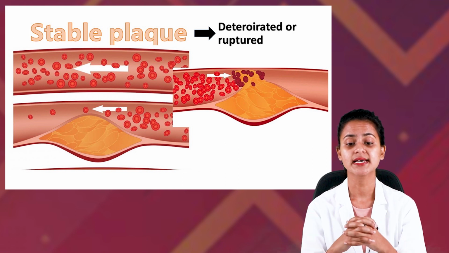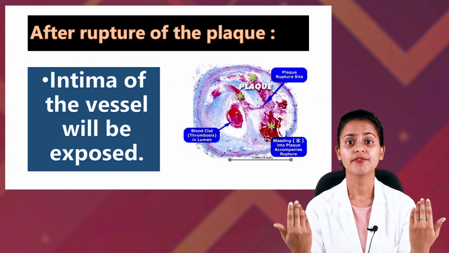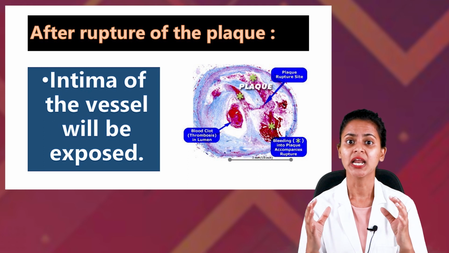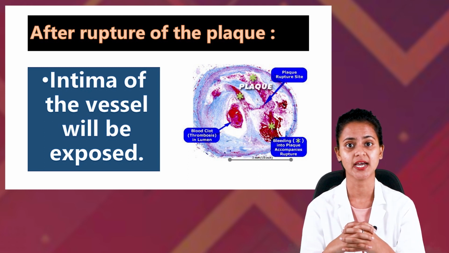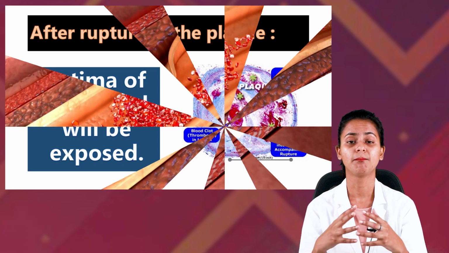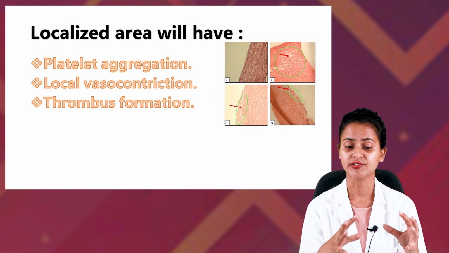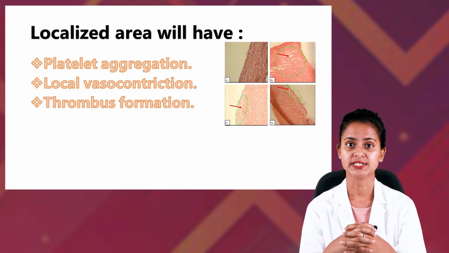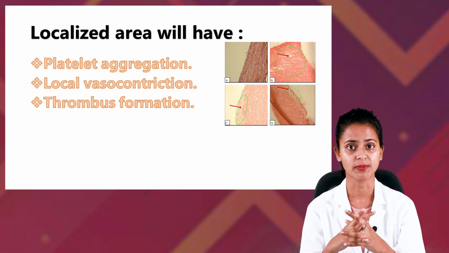Once this stable plaque ruptures, it will expose the intima of the lumen in that localized area to the blood, and there will be stimulation of platelet aggregation. Also, there will be local vasoconstriction, and again thrombus formation.